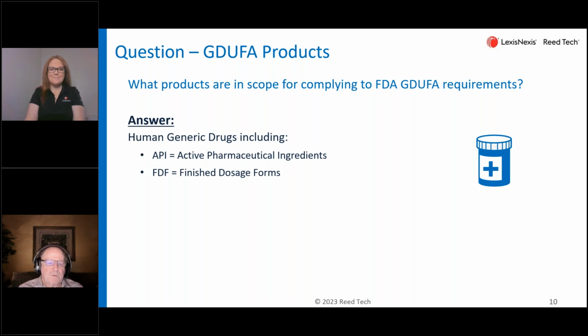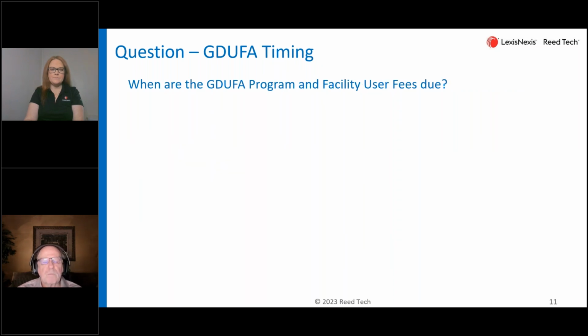The human generic drugs, if you're working with those or manufacturing those, those would definitely catch your attention, and you need to read further on about how the regulations would apply and what you would need to submit as far as a fee, and what you would also need to submit as part of a data submission.